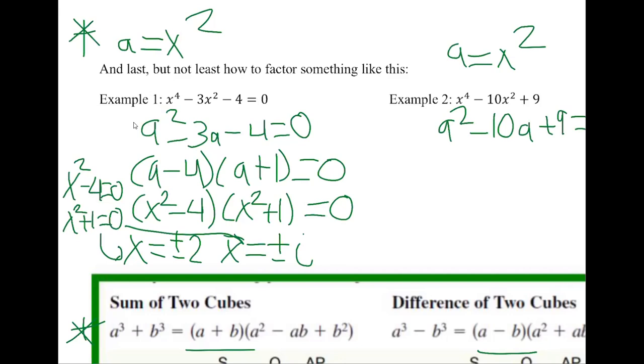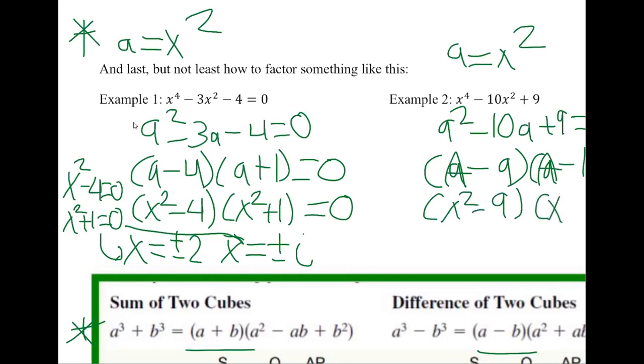Like this one, you would have a minus 9 and then a minus 1. Sorry, my lowercase a's look like 9, so I'll just put a capital A. These are my a's. Then you could substitute back what you had, and if you solve these, you would get plus or minus 3 and plus or minus 1.